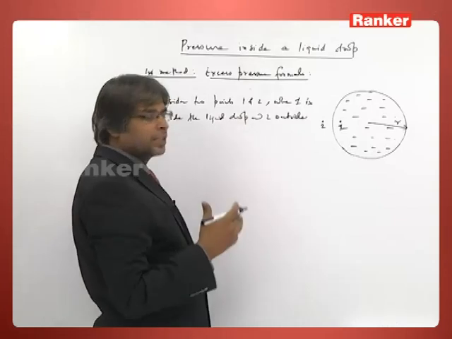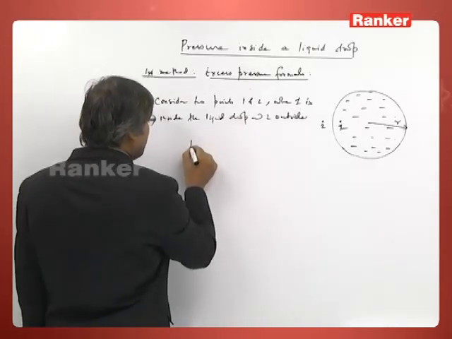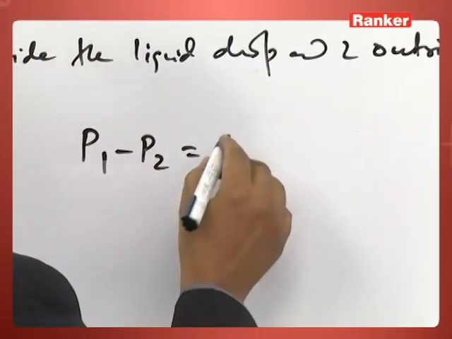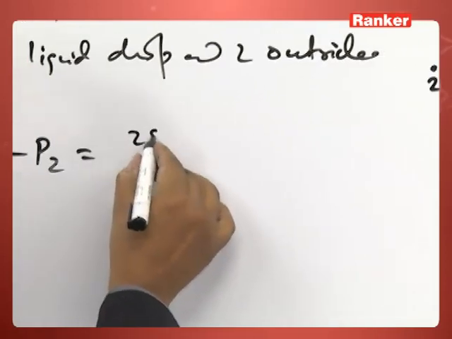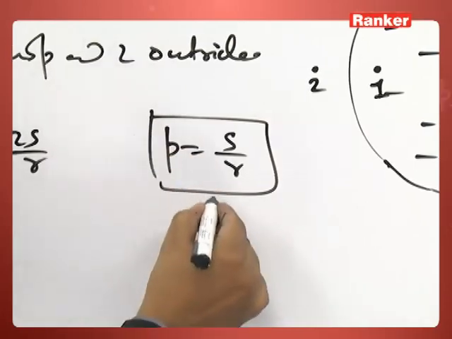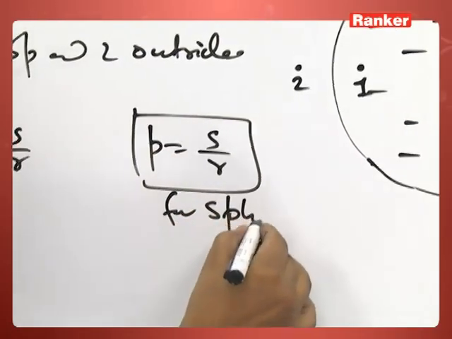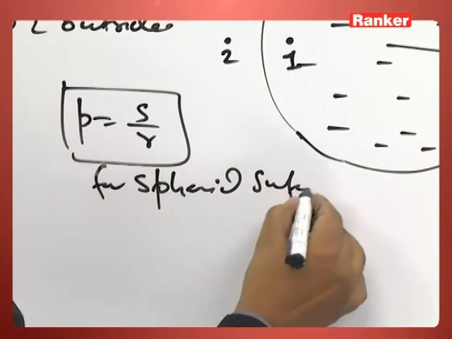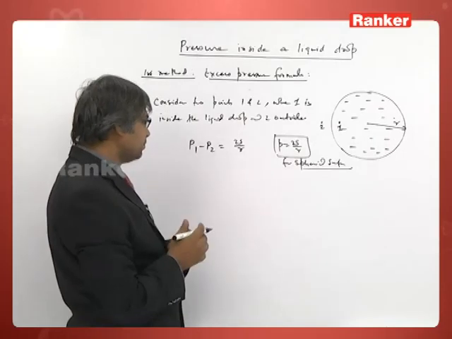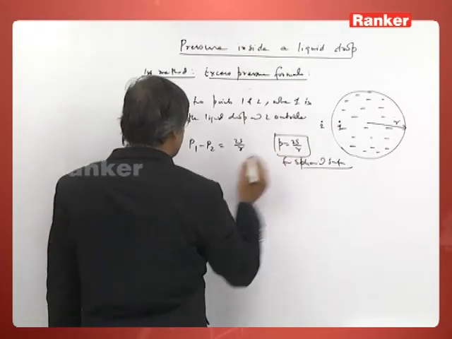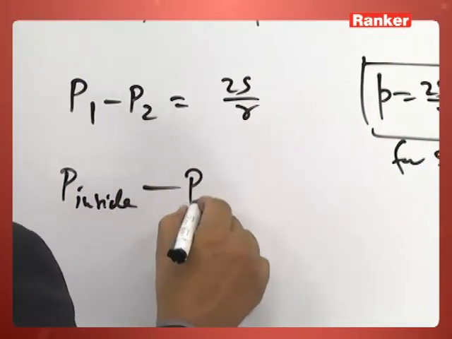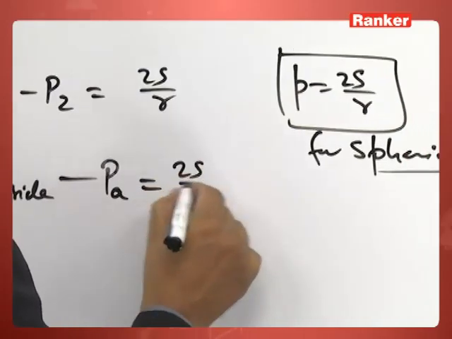Now, according to the excess pressure formula, P1 will be more than P2. So, we have P1 minus P2 is equal to 2S by R, the excess pressure formula for a spherical surface. Here P1 is P inside, minus P naught, the atmospheric pressure.